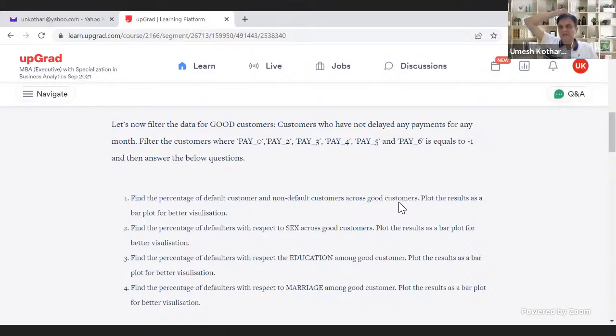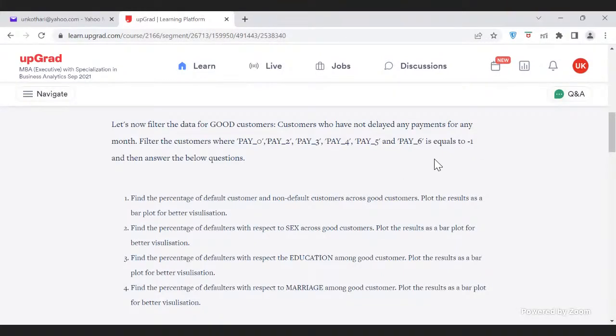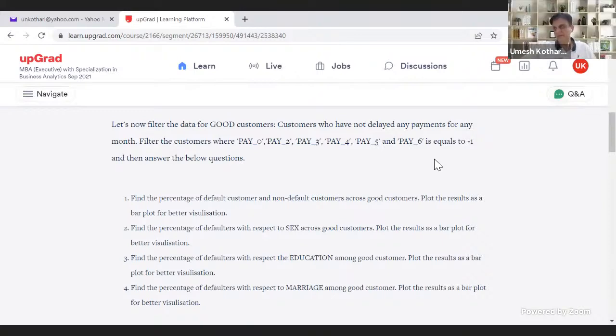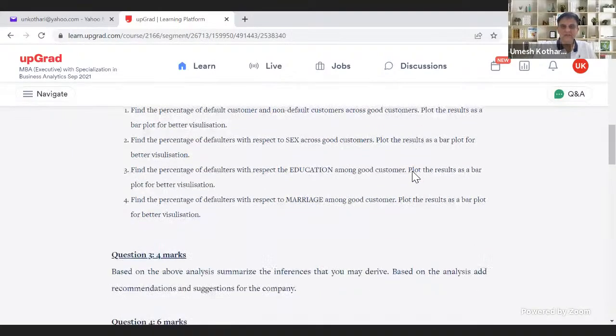But yeah, show them as, it says pay 0, 2, 3, 4, 5 equals -1. Yeah, so what I wanted to ask was, should we filter it for both -1 and -2 or just -1? No, just -1 is good enough. Because they're asking you to do that, so don't change it.